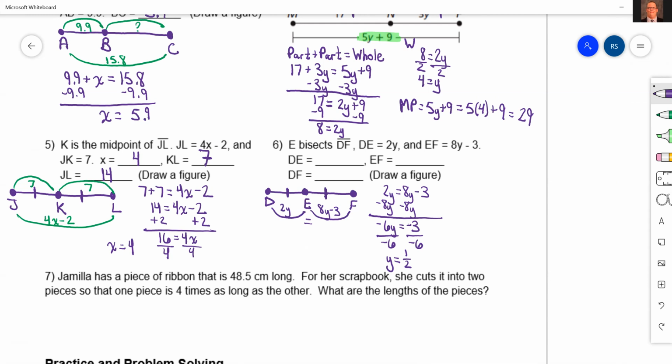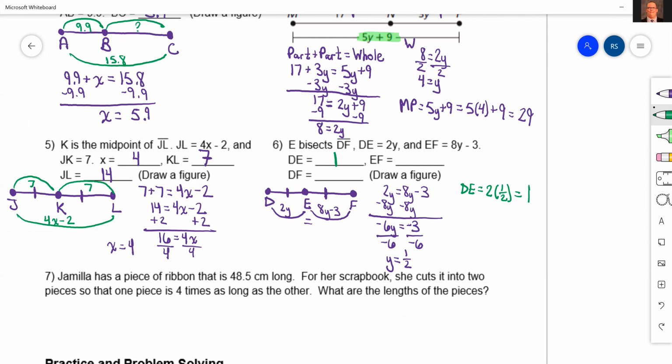Okay. So now I can take that positive 1/2 and figure out what DE is. So DE equals 2 times 1/2, which is 1. That's a 1. If DE is 1, what's EF have to be?